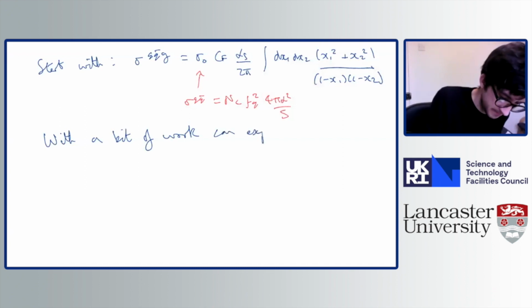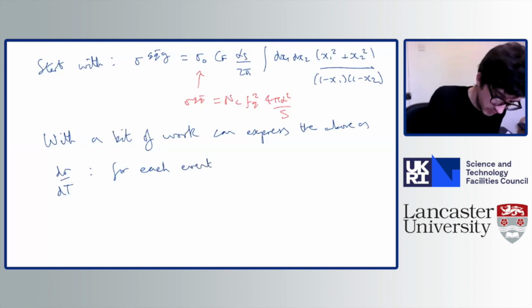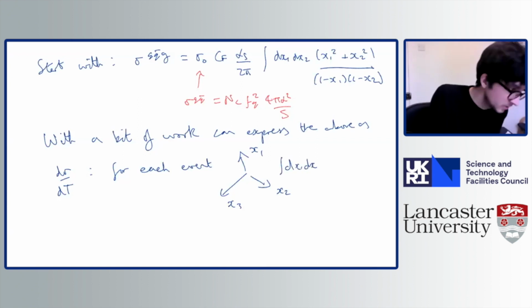You can express the above as d sigma dT. So for each event, one's going to have some direction of particles with the corresponding x values, and essentially your dx1, dx2.